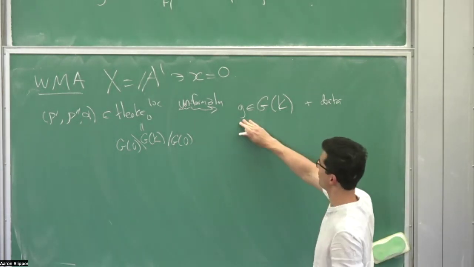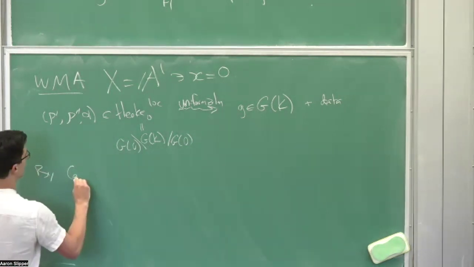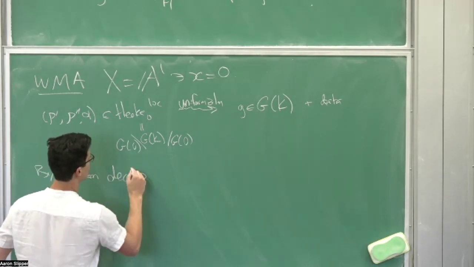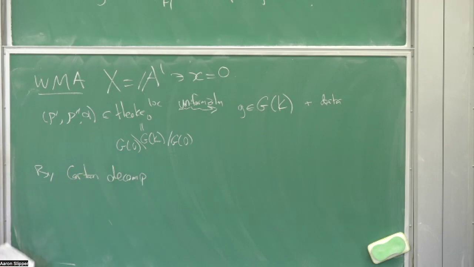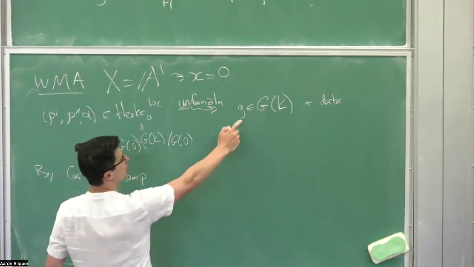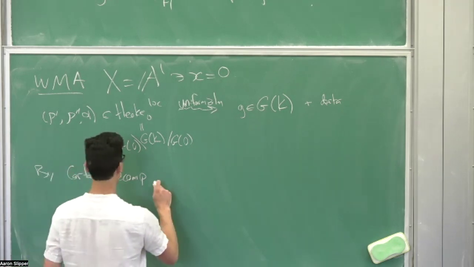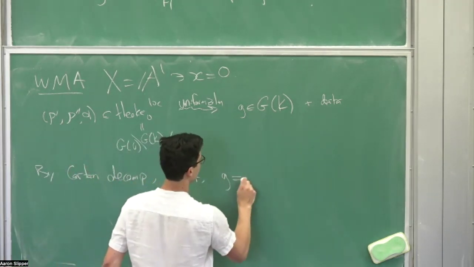So you have some G, and then by Cartan decomposition, you can express this double quotient as a union parameterized by regular dominant weights. So you can just assume that this representative is of a nice form, namely it's diagonal.